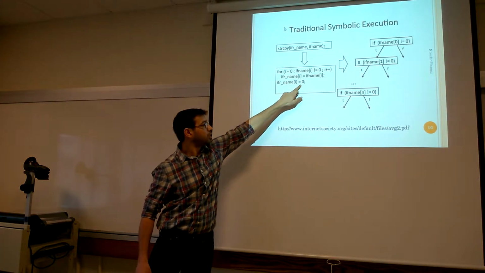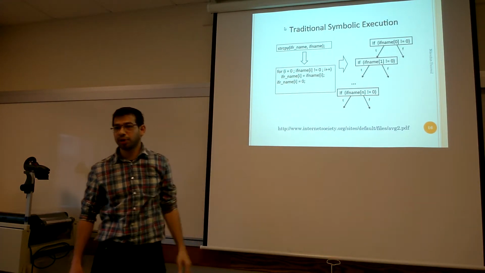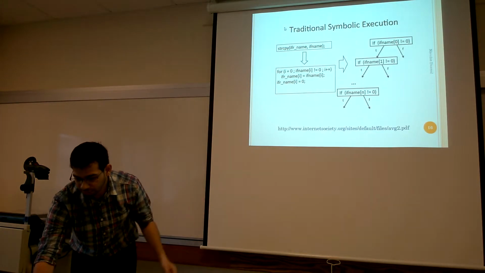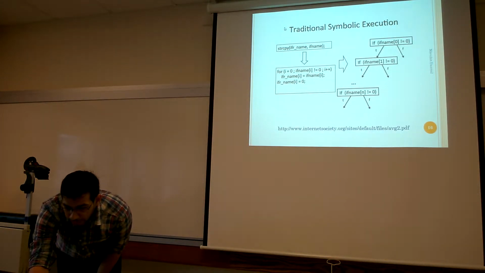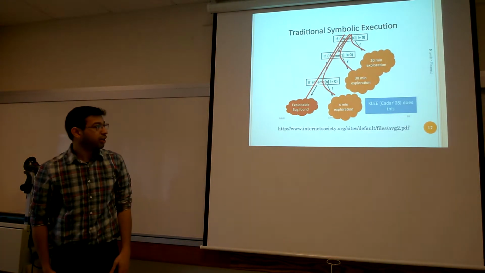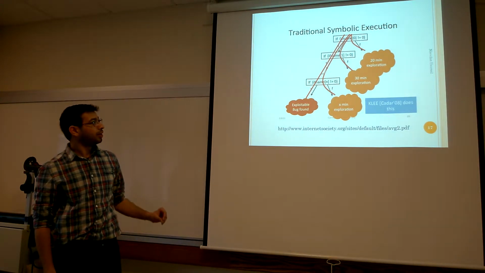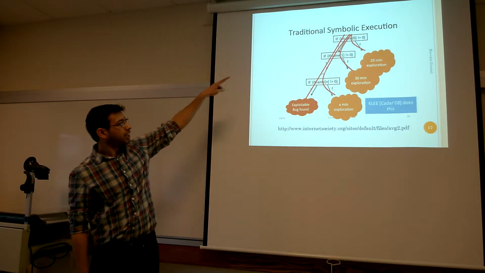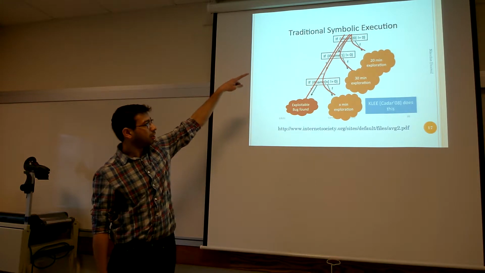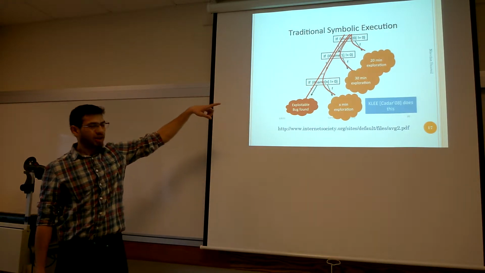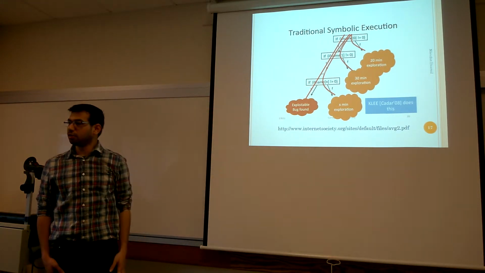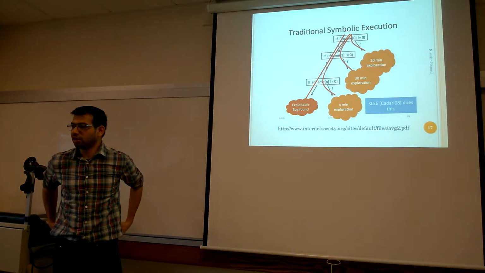So this is ending that particular string, saying that the string has finished copying. So in traditional symbolic execution, it would check each and every path, and along that path, I'm not sure why they mentioned 20 minutes and 30 minutes up there.